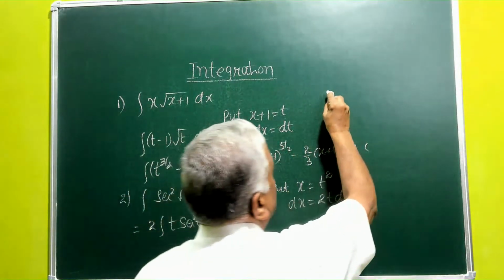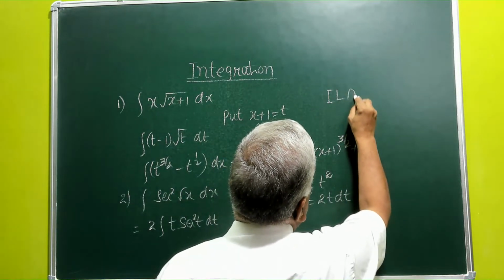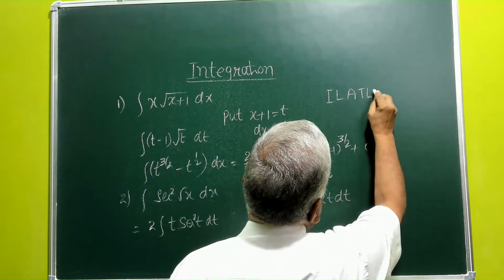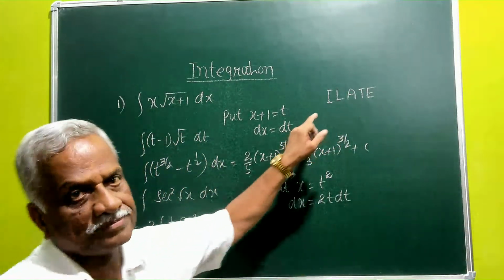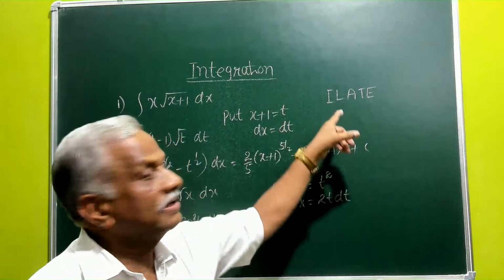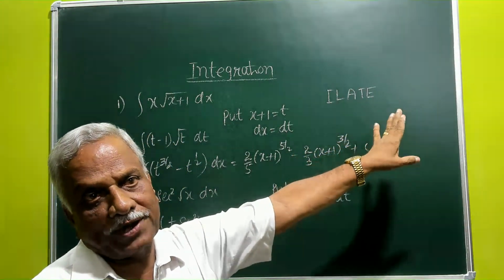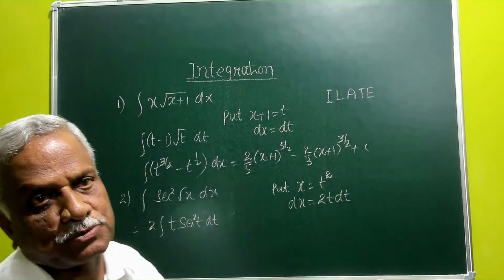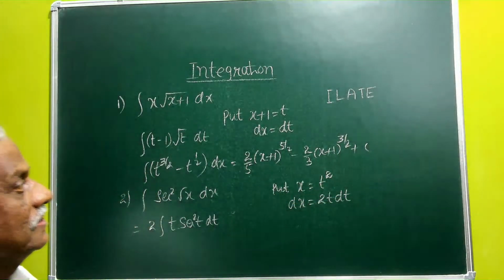So, what rule do we follow? ILATE: I stands for inverse, L stands for logarithmic, A stands for algebraic, T stands for trigonometric, E stands for exponential. Now you have got algebraic and trigonometric.